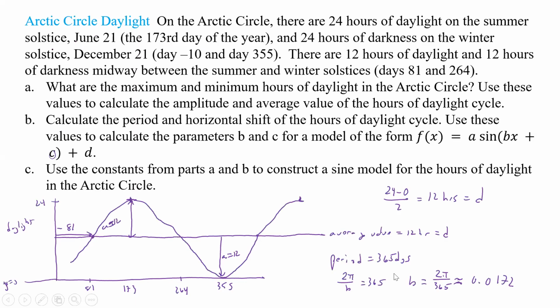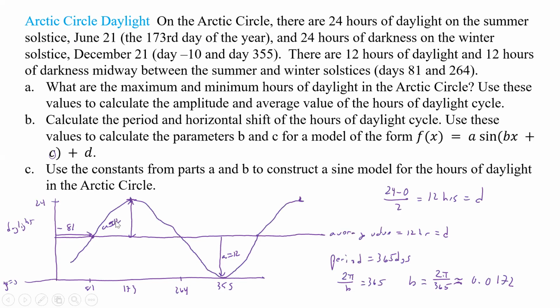Well, our C is going to be equal to a negative 81 times our B, which was that 0.0172. And if we take that times each other, we get a negative 1.394 for our C.